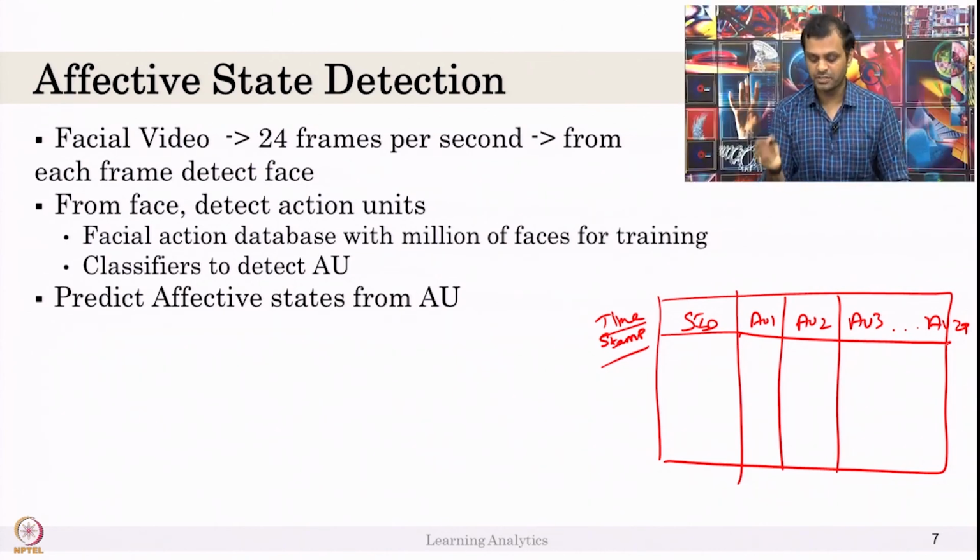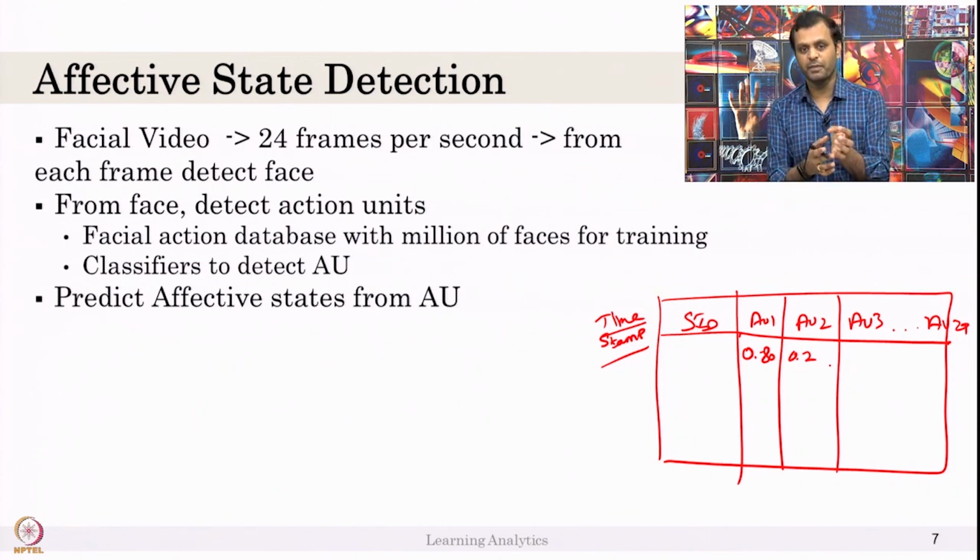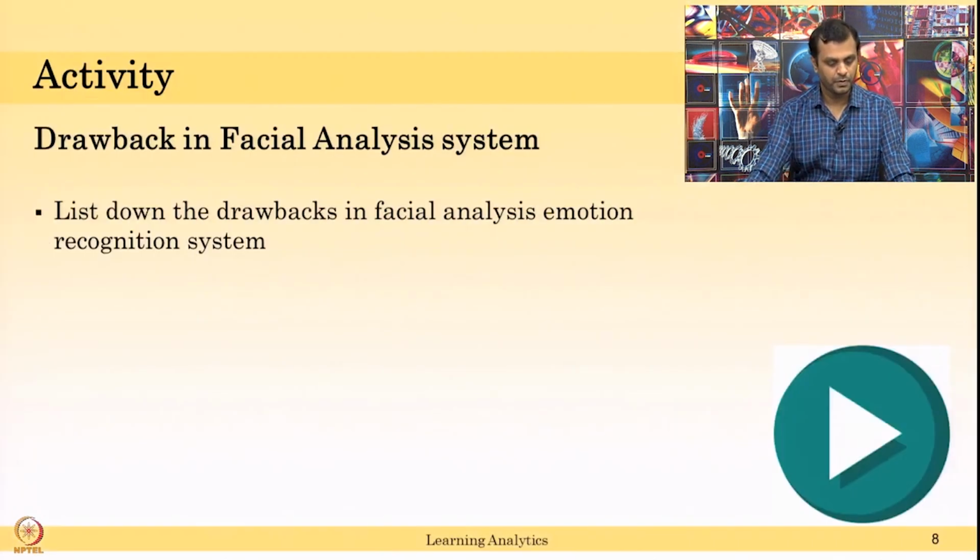Instead, they are giving probability values, saying what probability this action unit might be occurring. So, say 0.8 for some, 0.2 for others. Now you have a lot of values coming out, AU1 is happening, might be AU1 also AU7 or AU8, we do not know. So, again they trained a big classifier to combine these action units and give the affective states, that is emotions: boredom, confusion, anger, fear. That is what is actually happening in the back end while detecting the students' facial expressions.